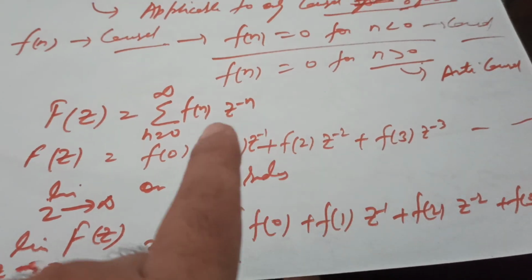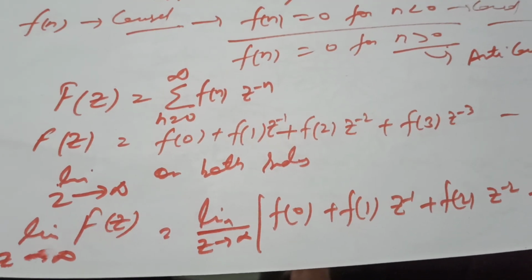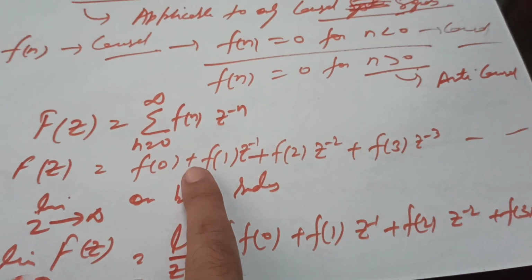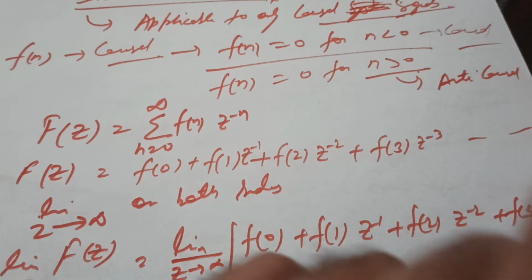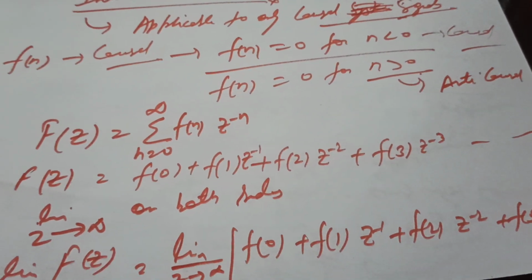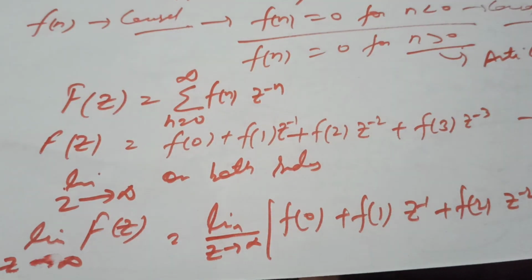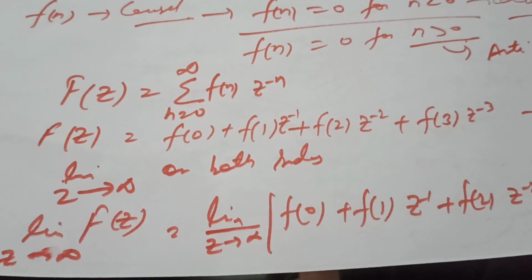Okay, because we are straight away calculating from n equal to 0 onwards. No, sorry, we are calculating this for causal system. Okay, sorry, I take back my words. These are not anti-causal, because for anti-causal Fn is 0 for n greater than 0. Clear?